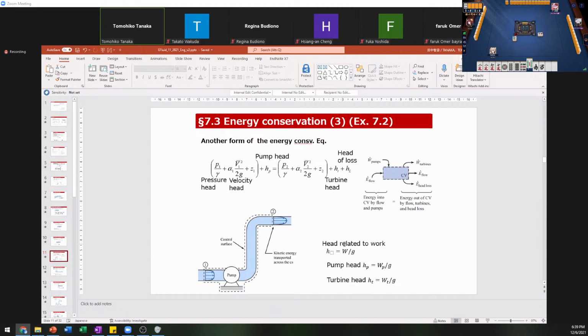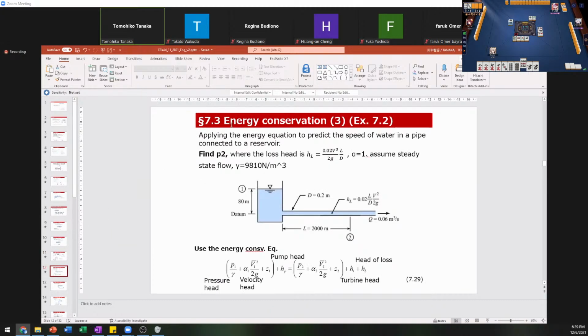And head related to work can be described as H equals W over g. For example, pump head can be described as HP equals WP over g. For turbine head, HT equals WT over g.